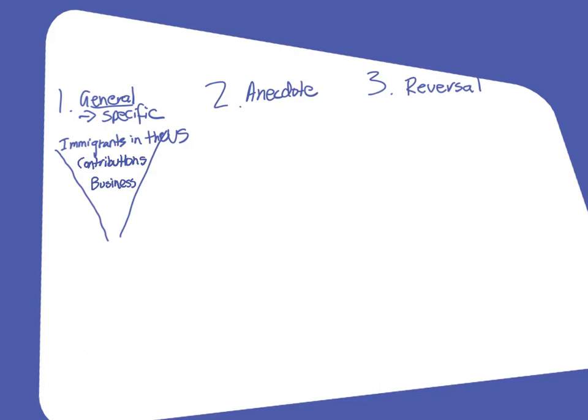Then you might pose the question of why? Why is it that businesses are so frequently started by new immigrants to the US? And that will lead you all the way to our thesis statement, which, if you recall, talked about two of the reasons that immigrants tend to be more entrepreneurial.